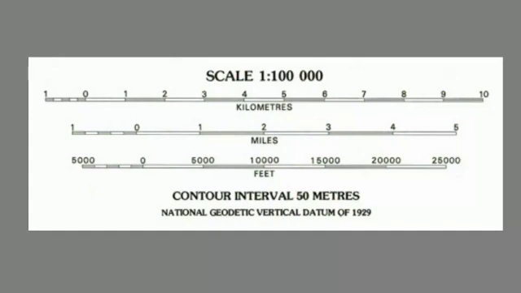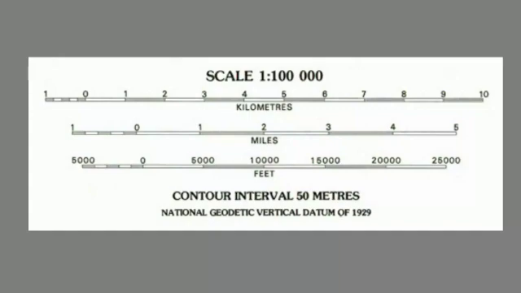Now see, in the definition we have seen that a scale is the ratio of distance between the place on the map and its corresponding distance on the ground. So it's a ratio between the place on a map and also the ground distance. Now this ratio is shown by units of measure such as centimeter or inch to a meter or kilometer.